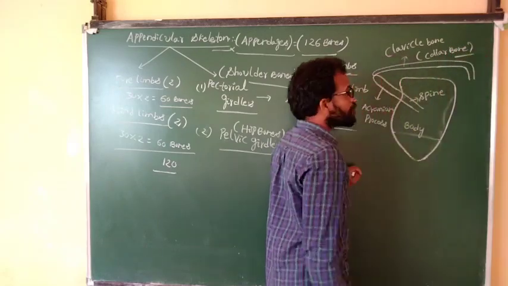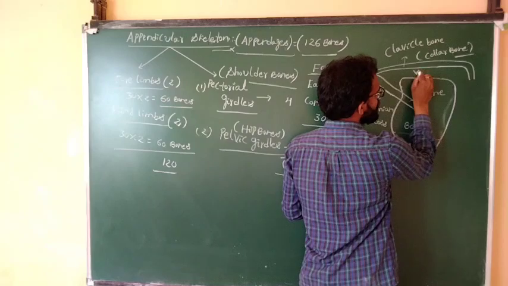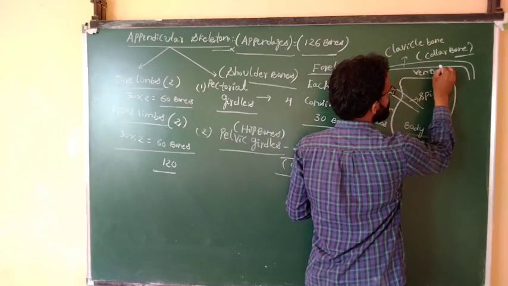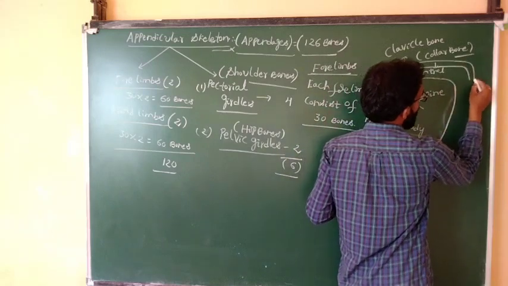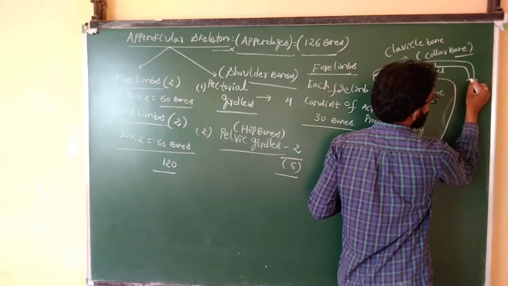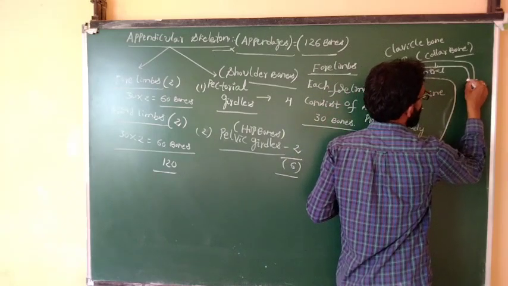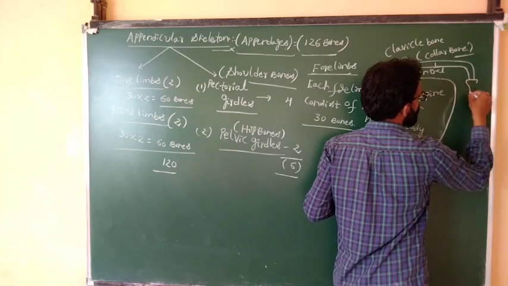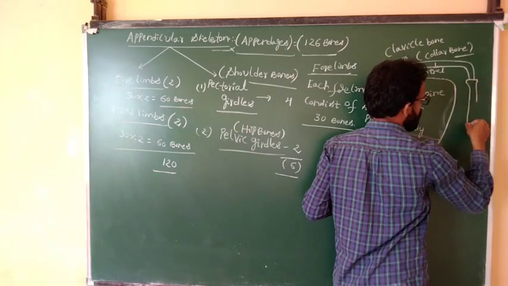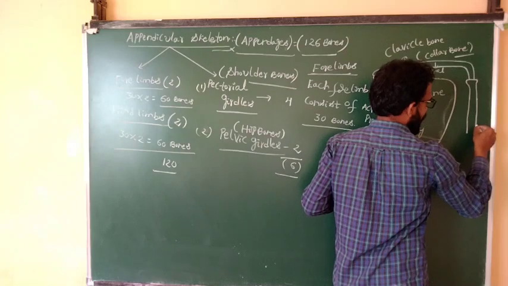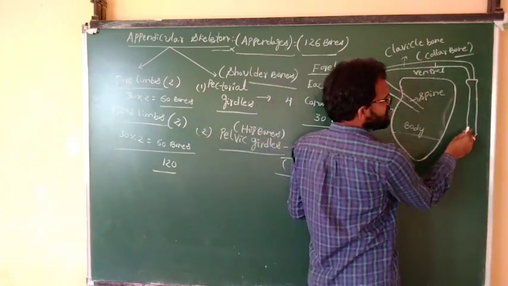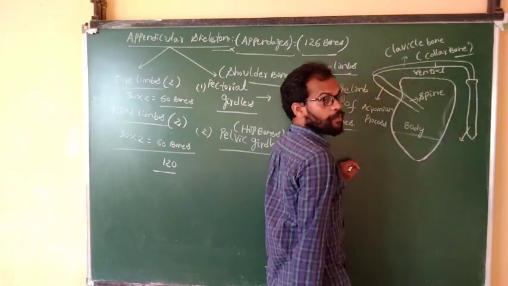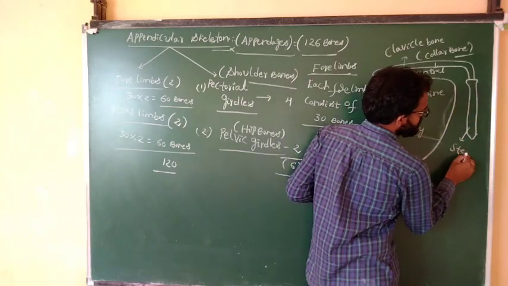The ventral surface of the collarbone, or clavicle bone, is attached to the sternum.